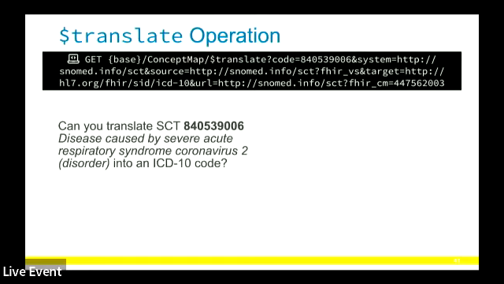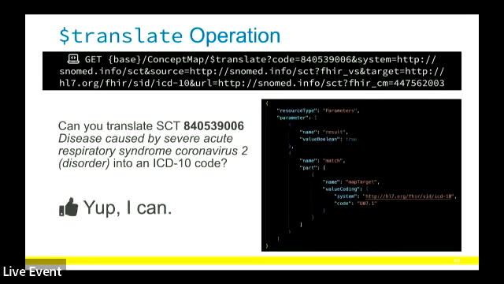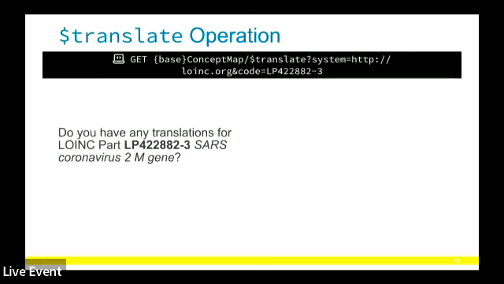And it's identifying the SNOMED code, where it comes from, and the target that you're looking for, in this case, ICD-10. And the server can reply back simply, yes, along with the target mapping that it has based on the information that it might have got from the SNOMED publication. So that's super handy.